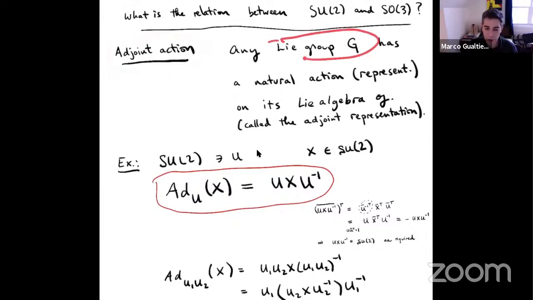Any Lie group has a natural action or representation on its Lie algebra. That means that every Lie group has a tangent space at the identity, which is a Lie algebra, and this group actually has a representation on that tangent space. And how does that representation look? Well, you just conjugate.